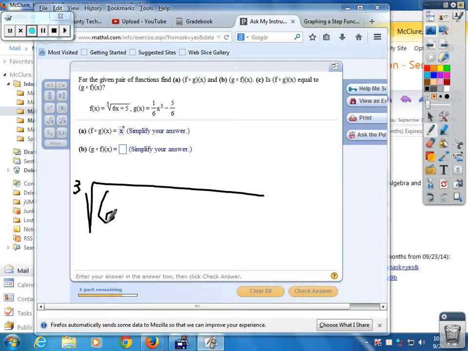And that's going to be 6, big set of parentheses, plus 5. And then what goes here? 1/6 x cubed minus what? 5/6. Now, the secret here is to distribute this. And you're going to see what happens. You're going to see that a lot of the 6's cancel.